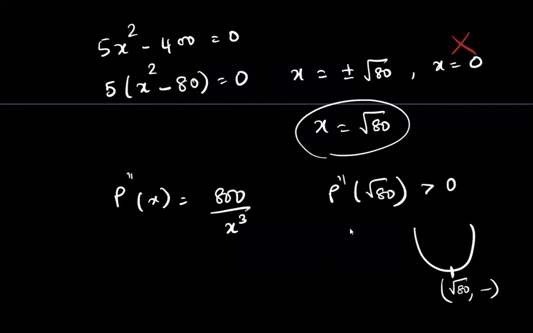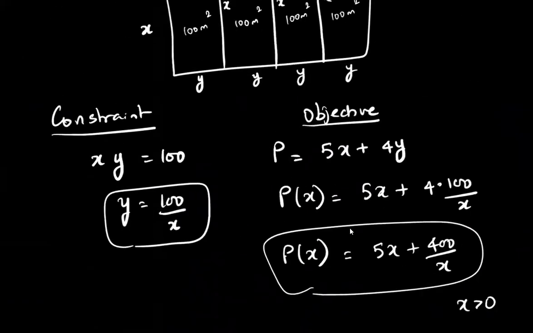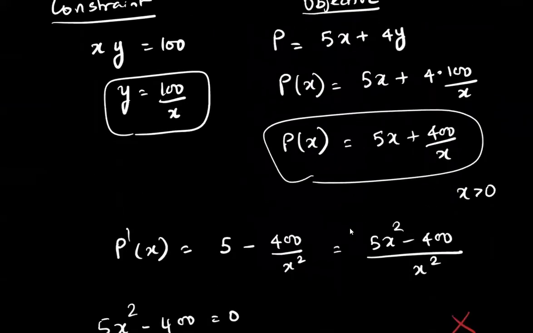Now, how do you make sure this is also the absolute minimum? Look at the two endpoints. We have x greater than 0, so 0 to infinity is my domain. On one end, when x is close to 0, this becomes almost 0, whereas this goes to infinity.